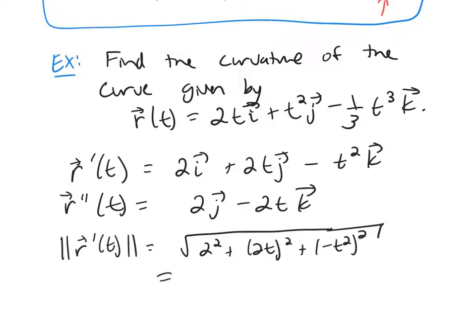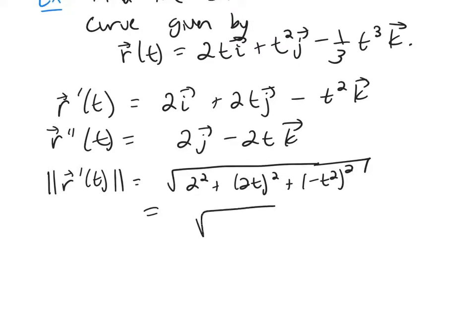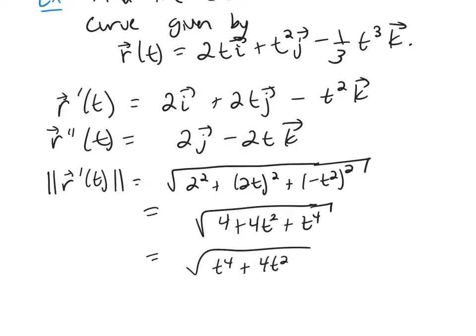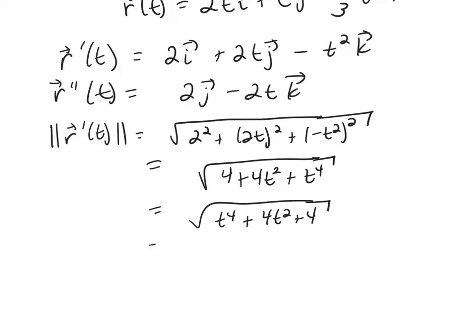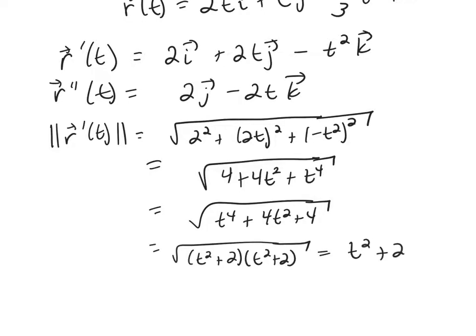So this is 4 plus 4t squared plus t to the 4th. Let's rewrite this in descending order, and then this will factor into t squared plus 2 times t squared plus 2. So in the end, this becomes t squared plus 2.